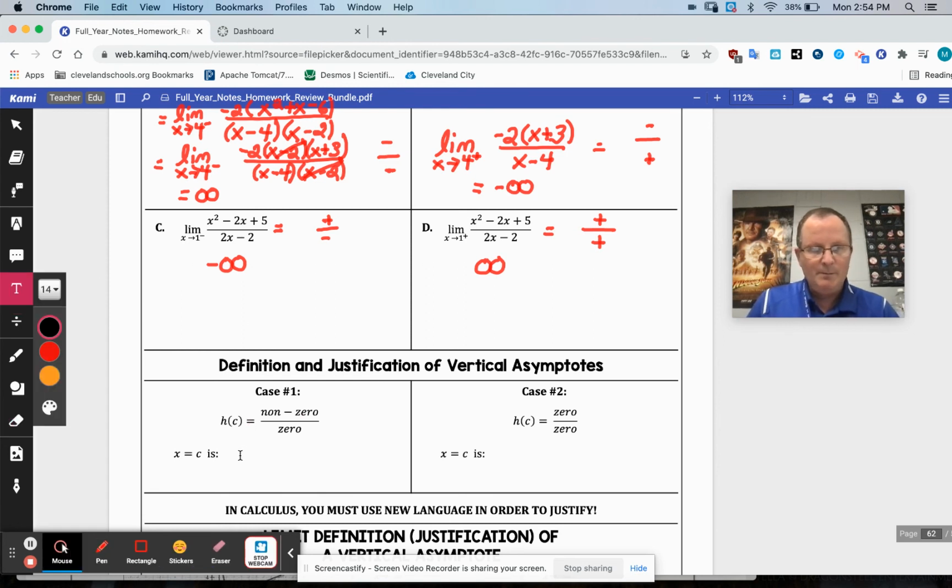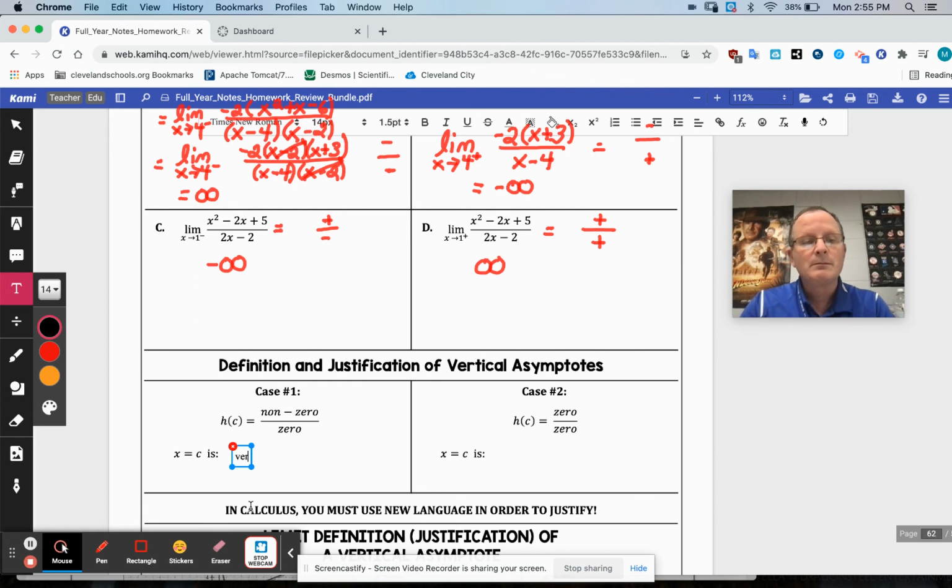Okay, so here we go. Vertical asymptotes. If you have a non-zero over a 0, then x equals C is a vertical asymptote. If you have a 0 over 0, then C is a pole or removable discontinuity.